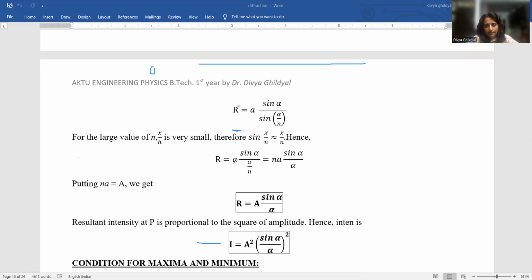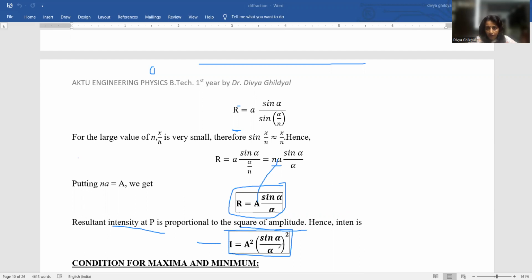And we get R equals nA sine alpha by alpha. This is the expression where nA I have put equal to resultant amplitude. Intensity is always proportional to the square of amplitude. Hence, intensity due to single slit is equal to A square, sine alpha by alpha, whole square.